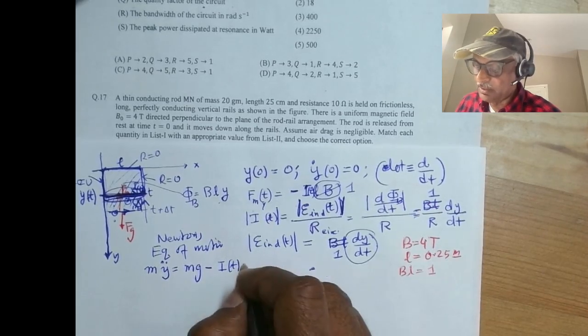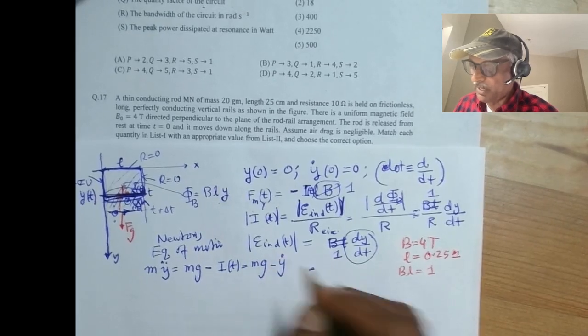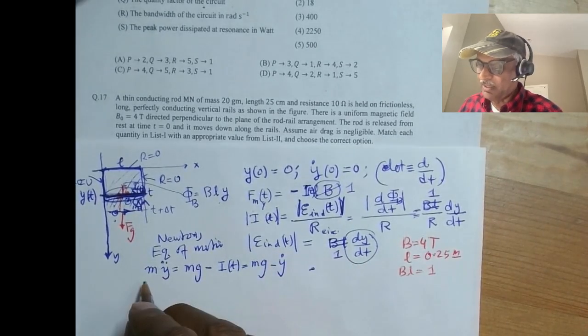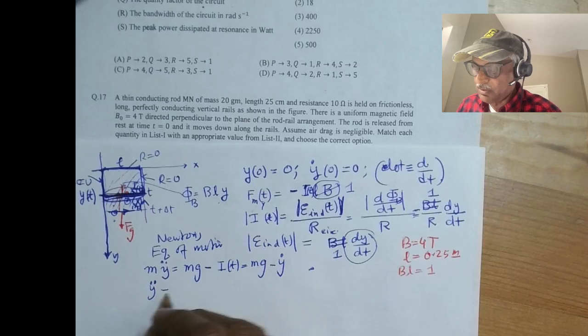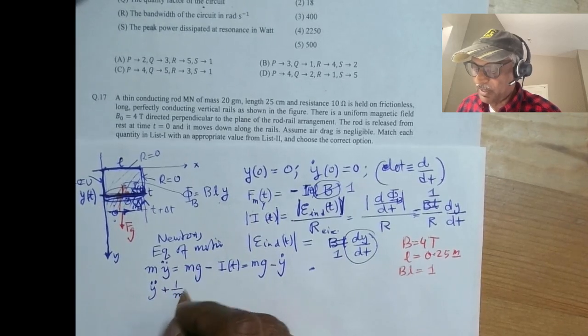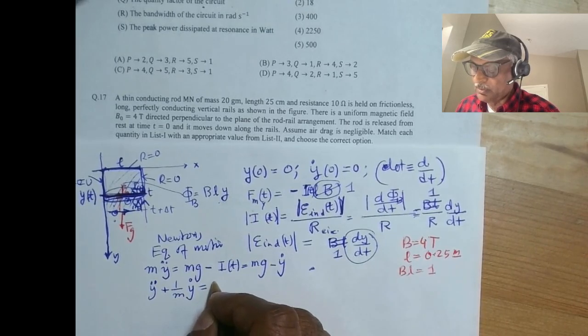So this equals mg minus y dot. Dividing by m everywhere, y double dot plus 1 over m y dot equals g.